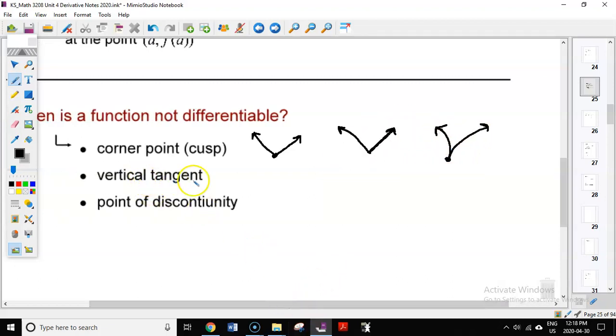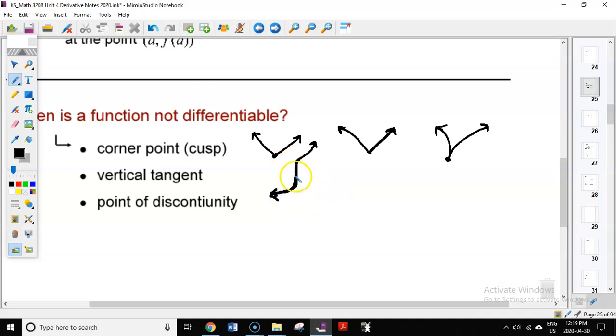Vertical tangent means the graph would essentially kind of flatten out vertically, right? So we could have something like that. And again, I exaggerated the graph. You'll see one of these in a minute.